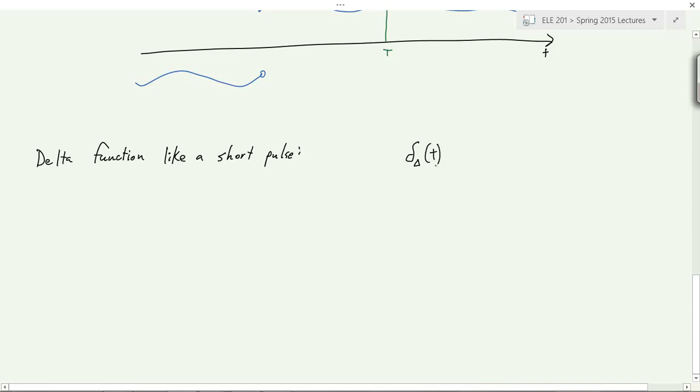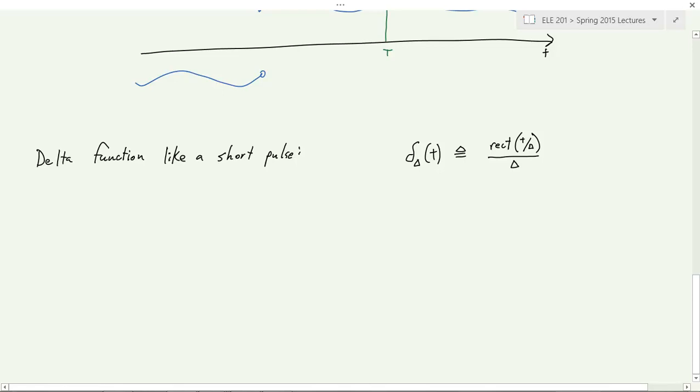It's going to have a variable, capital delta. We'll define this to be a rect that's time scaled to only have width capital delta. It's also going to be scaled vertically because I want it to have an integral of 1. Rect by itself has an integral of 1, but if you time scale it, the integral changes. So I'm scaling it vertically as well, so it still has an integral of 1.